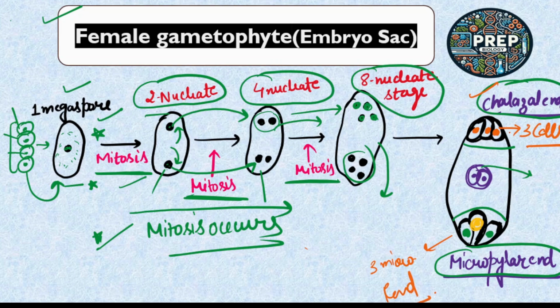And 2 nuclei will be at the center. This is the arrangement of the 8 cells that occurs in the female gametophyte.